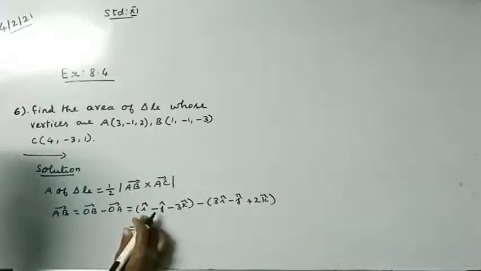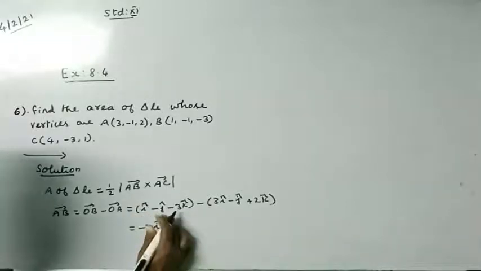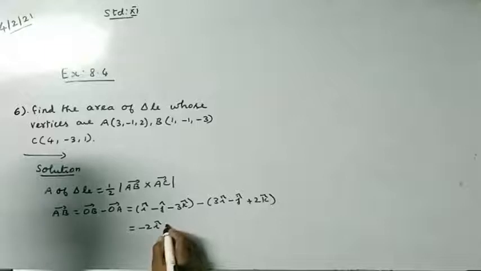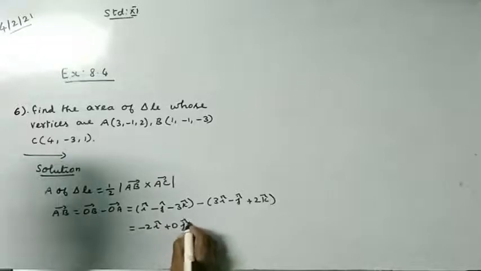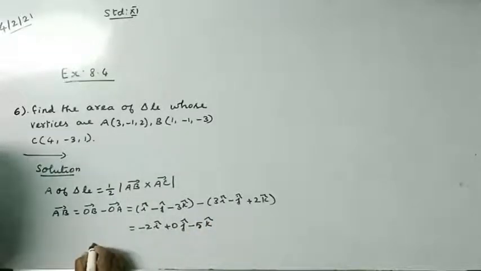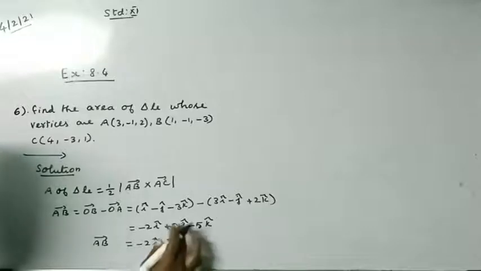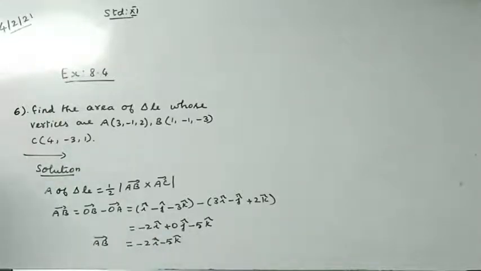So subtract this. 1 minus 3 is minus 2i cap. Minus 1 plus 1 is 0, plus 0 j cap. Minus 3 minus 2 is minus 5k cap. So AB vector is equal to minus 2i cap minus 5k cap. So 0 is that; put 0 in place of j.